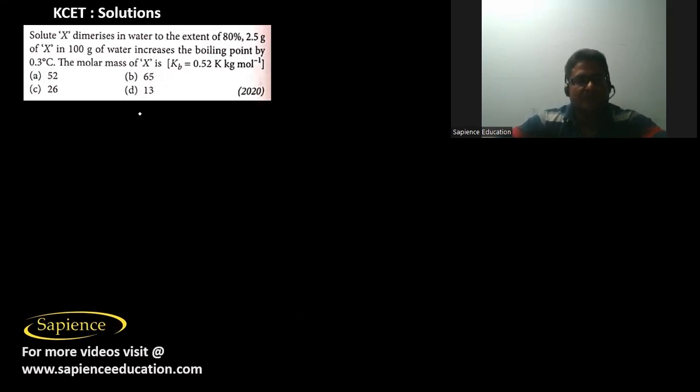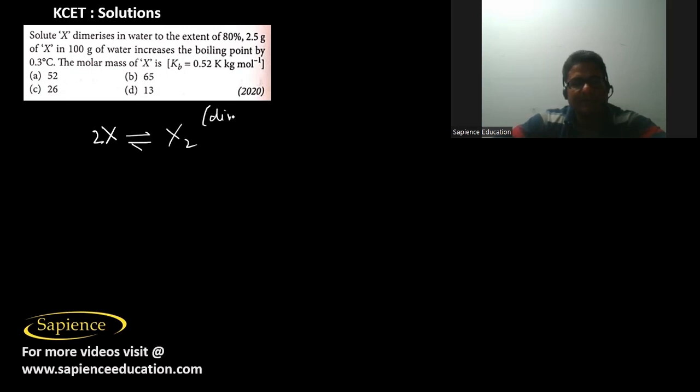Solution X dimerizes in water to the extent of 80%. 2.5 gram of X in 100 gram of water increases the boiling point by 0.3 degrees Celsius. The molar mass of X is? So now X dimerizes, which means two atoms of X will form X2.